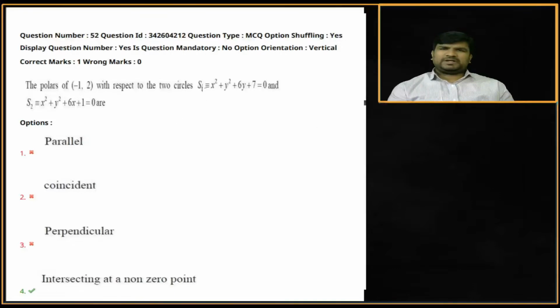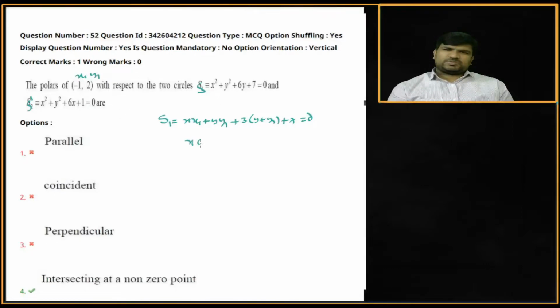The equation of the polar formula is S1 equals 0. Consider this one as S and this one as S dash. So the equation of the polar is x x1 plus y y1 plus g into, g is not there, plus 3 times y plus y1 plus 7 equals 0. The value of x1 is minus 1, y1 is 2.